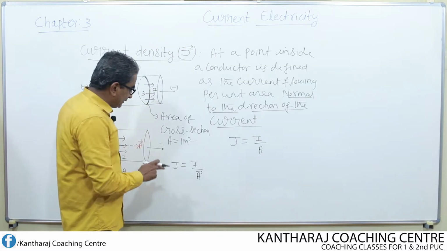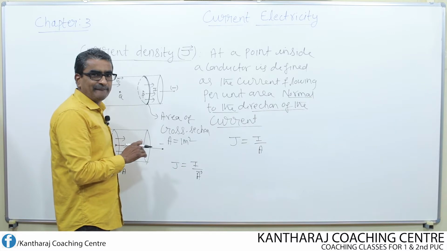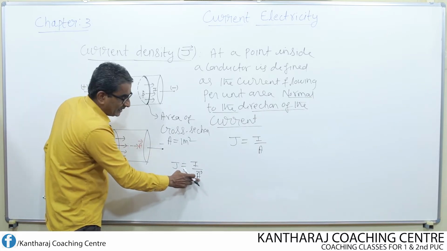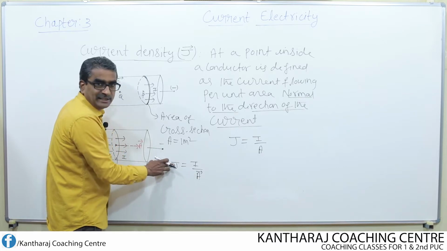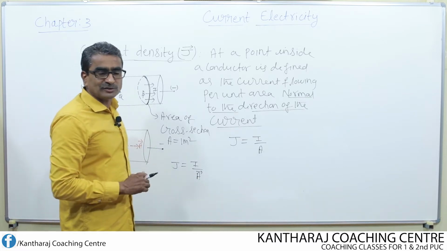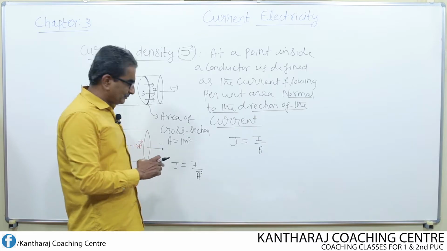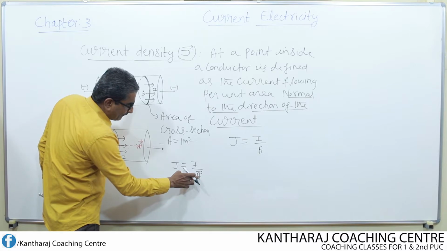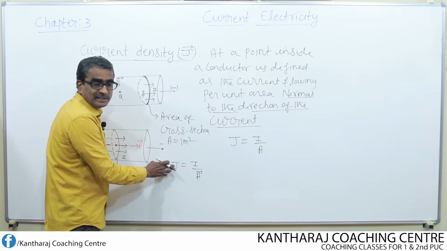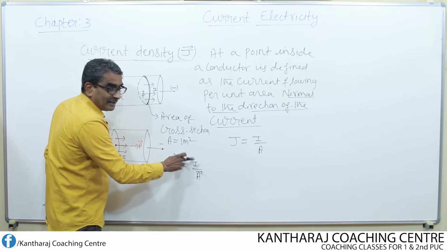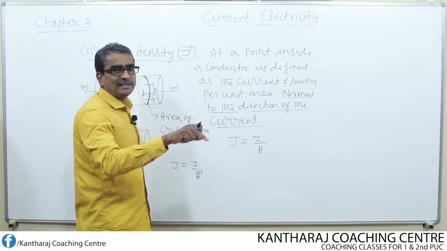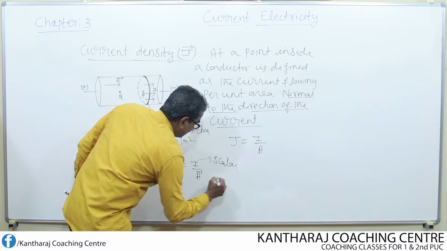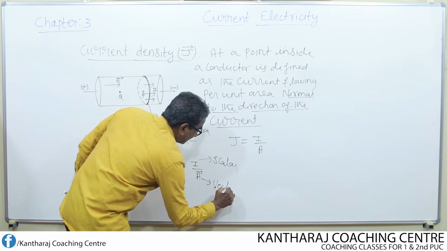For time being, if I assume this J as a scalar quantity, then if you multiply one vector, that means the area vector, with a scalar quantity, according to the vector rules, multiplication of a vector with a scalar quantity should always lead to a new vector quantity, but this current is nothing but scalar. Look here, this is scalar, this is vector.